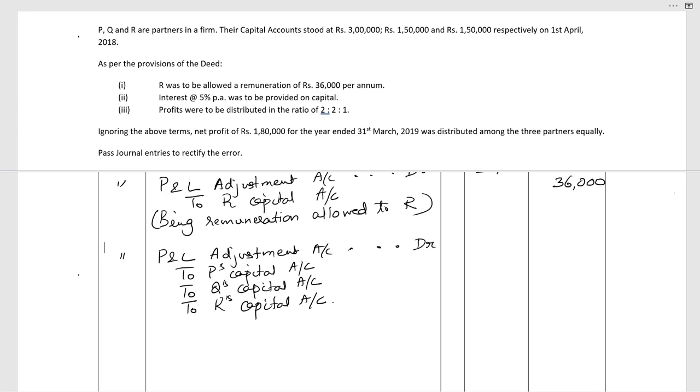Interest on capital for P, it's 5% on 3 lakh, which is 15,000. And for Q and R each, it is 5% on 1,50,000, which is 7,500. And the total interest on capital is rupees 30,000. Being interest on capital allowed.